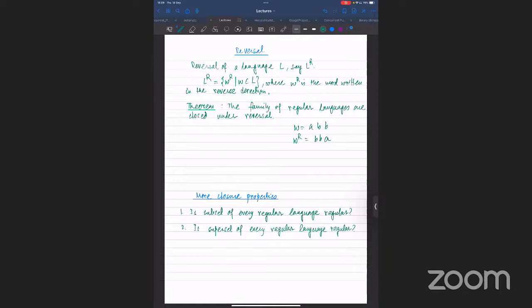How do you show closure under reversal? The family of regular languages is closed under reversal. How do you show this? Exactly, right? So if you start from a DFA for L, you reverse the direction of the transitions.